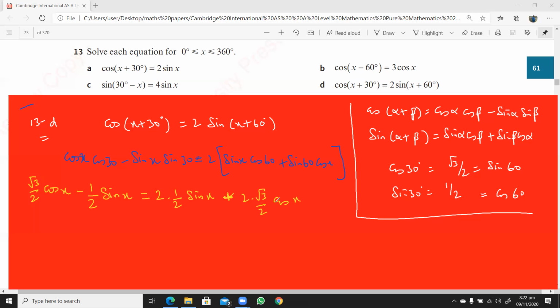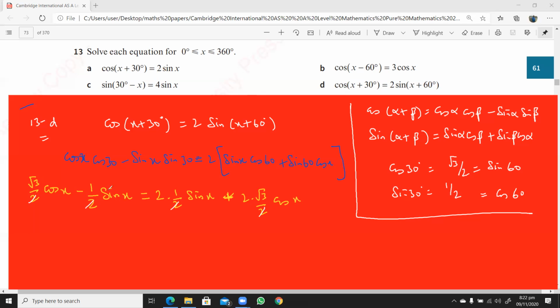We can multiply the whole equation by 2, so we can get rid of all these 2's here, okay? All these 2's are cancelled. So now we have root 3 cos x, and then plus this 2 root 3 cos x.